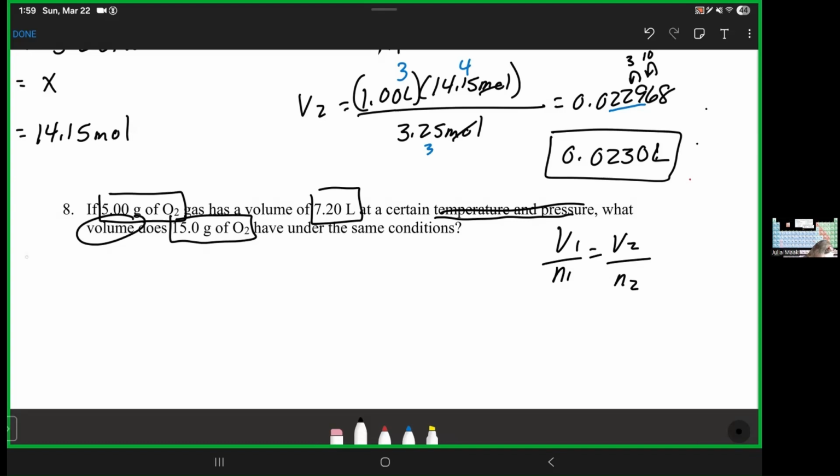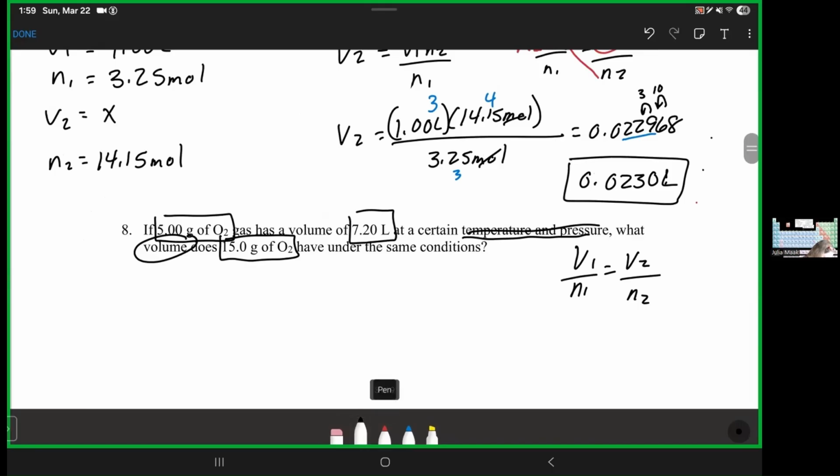Okay, so I get the same thing again, that my V1 over N1 equals V2 over N2. Okay, so if I track those over here, get my V1, N1, V2, N2. So my first volume, 7.20 liters. My first N, I have to convert that grams of gas.